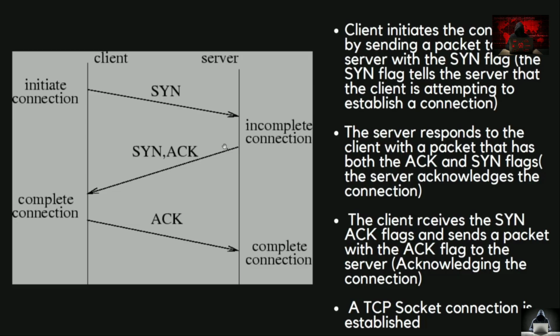You then receive the packet that contains the synchronize and acknowledge flags, and you send back to the server a packet with the acknowledge flag, essentially acknowledging the connection, and the connection is completed.